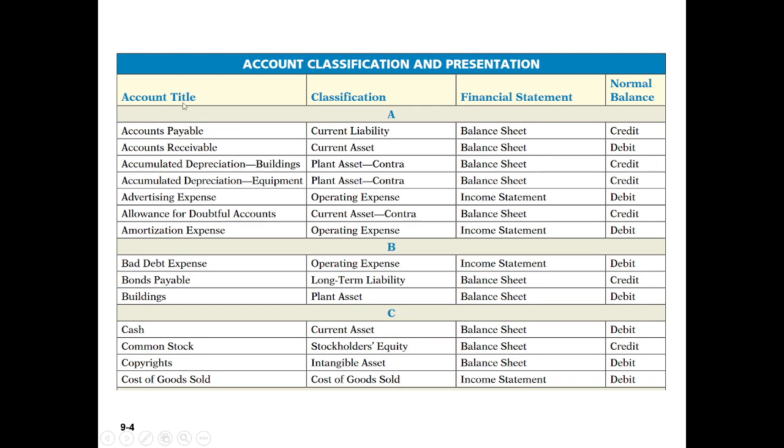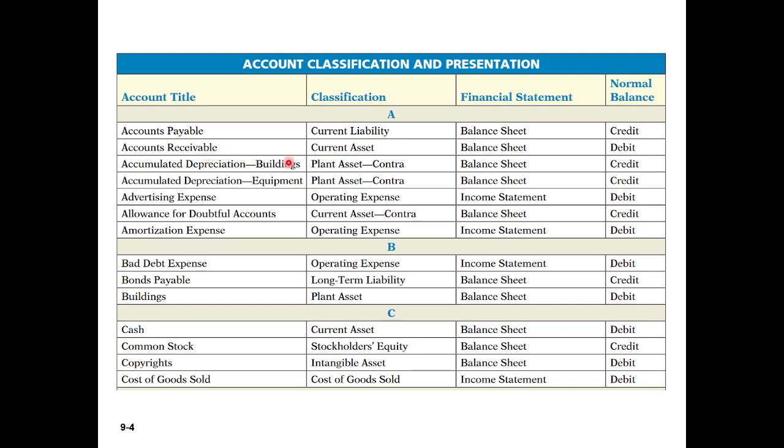Here in column number 1 we have the account title, classification, financial statements and normal balance. Accounts payable is the account title, classified as a current liability, shown in the balance sheet, with a credit balance.